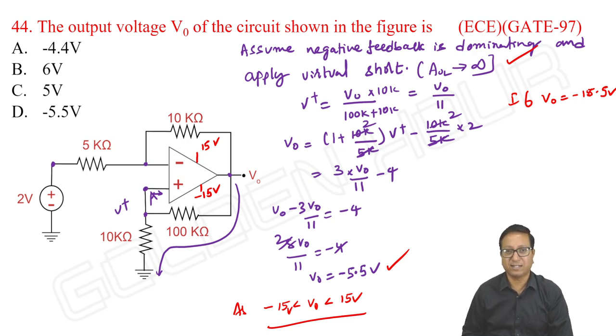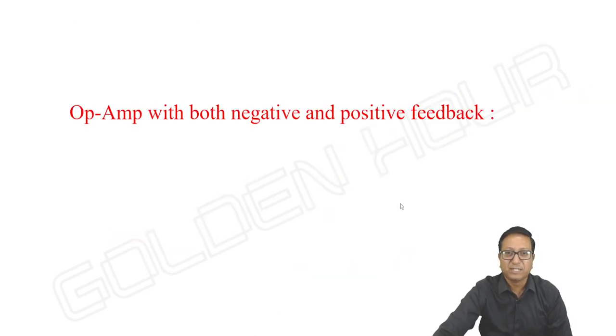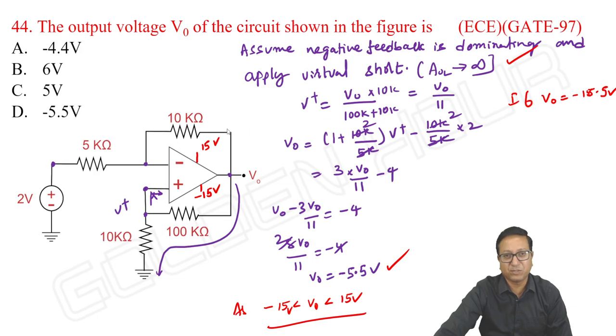This is how we do the calculations. Whenever you have an op amp with negative and positive feedback, please remember this and proceed. We proceed with virtual short and calculate the output. Only once the output is out of the limits is our assumption wrong. Otherwise, we can conclude the answer we have got.